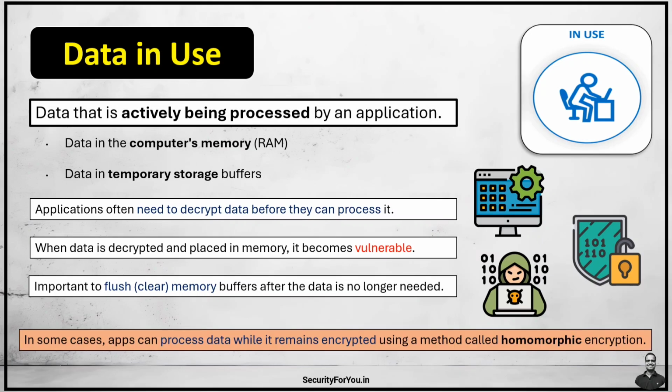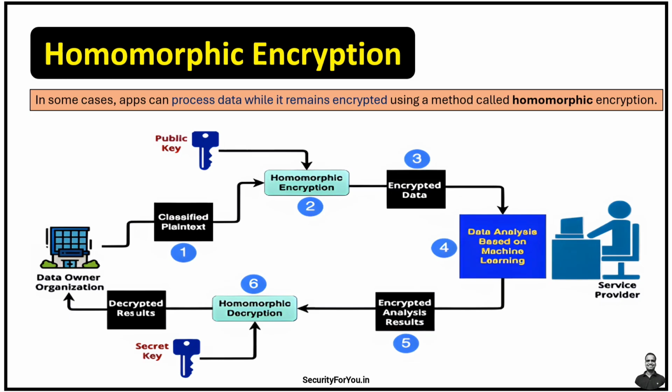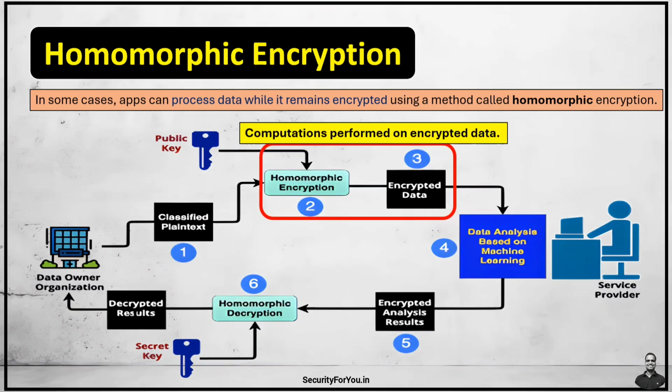In some cases, an application can process data while it remains encrypted using a method called homomorphic encryption. It is a type of encryption that allows computations to be performed on encrypted data, producing an encrypted result.